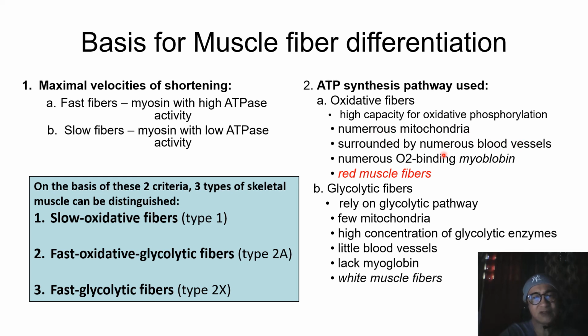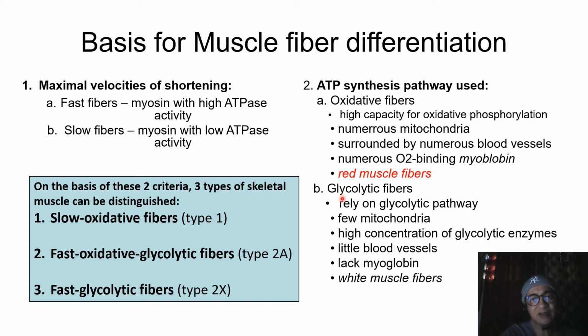And you have lots of oxygen-binding myoglobin in the muscle tissue itself. Finally, the appearance of these muscles is red. So we call them red muscles, mainly because of the preponderance of numerous blood vessels and the bright red myoglobin molecules when bound with oxygen.